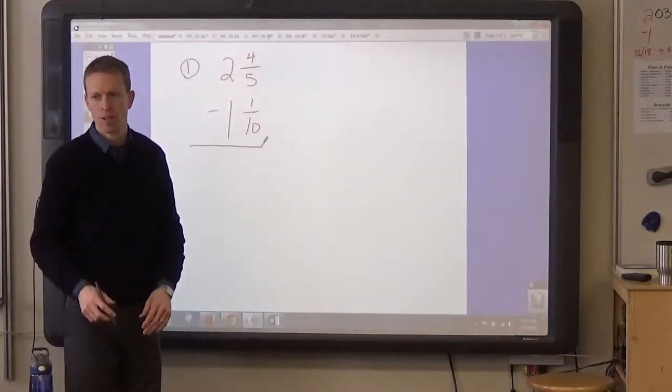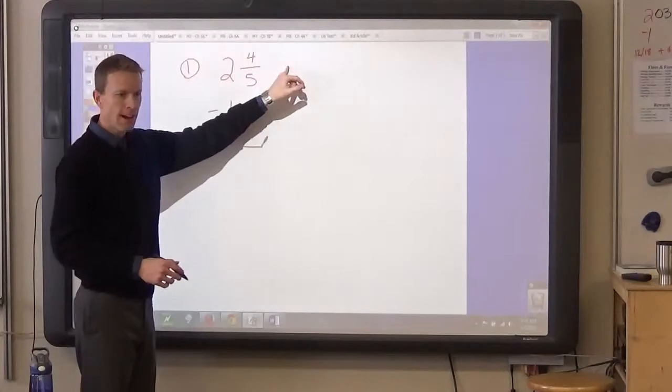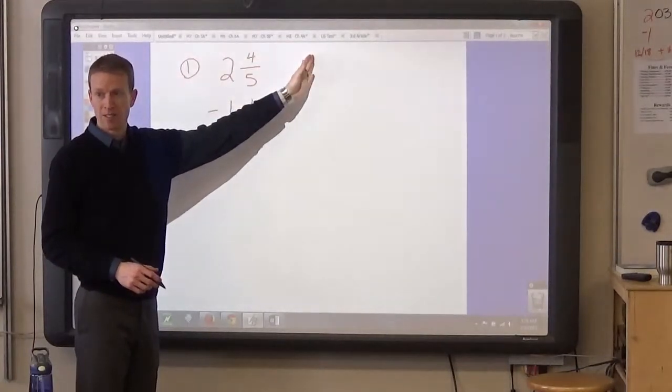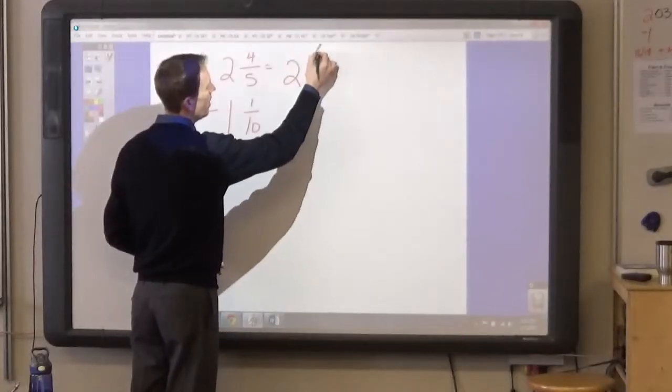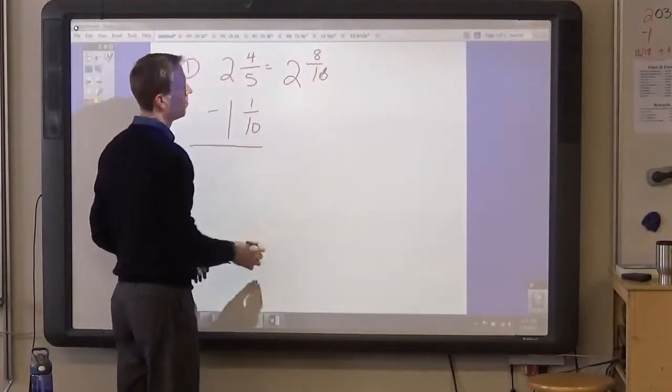Because when you write the equivalent fraction, you're going to write it next to it. You're going to write this as 2 8/10.